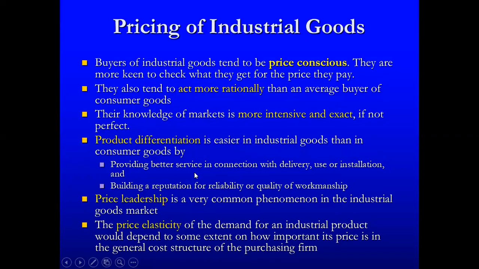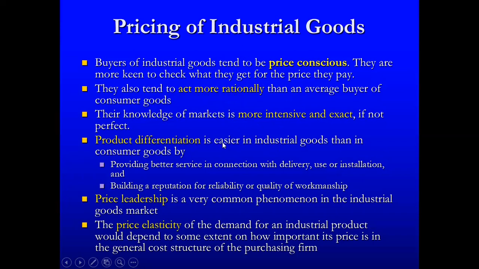Then pricing of industrial goods. Buyers of industrial goods tend to be price conscious. They also tend to act more rationally. Their knowledge of the market is more intensive and exact.